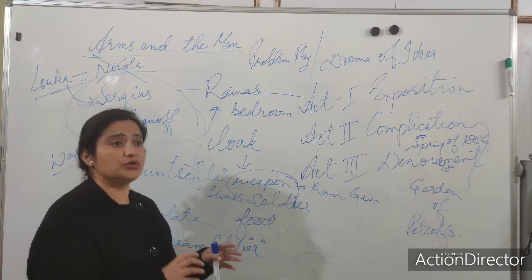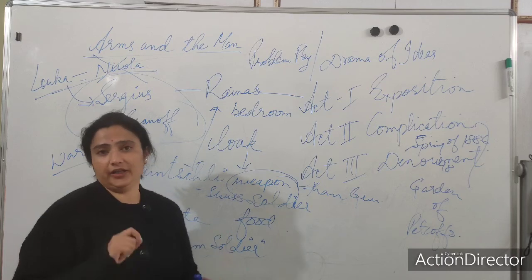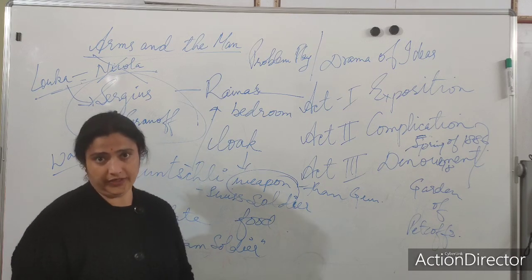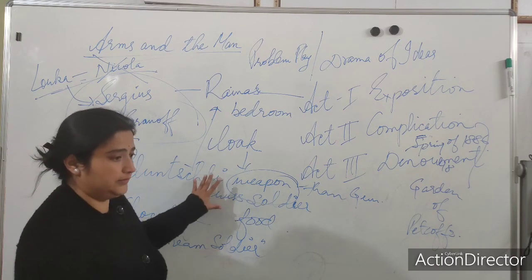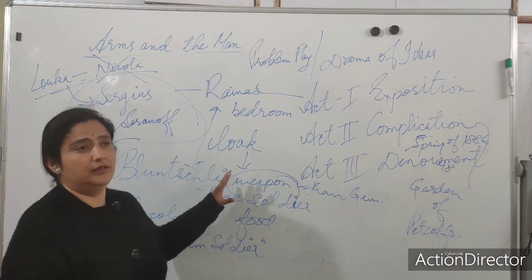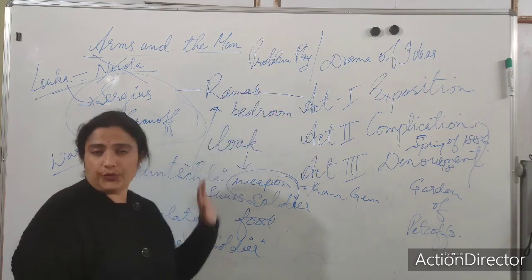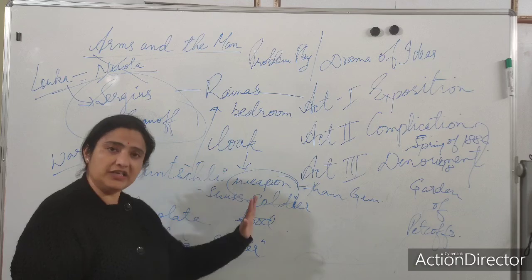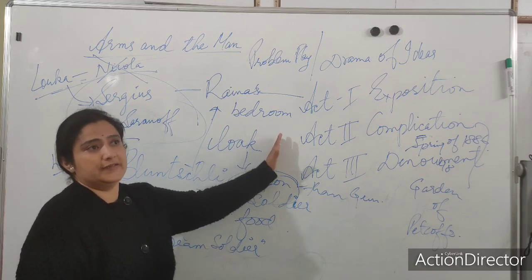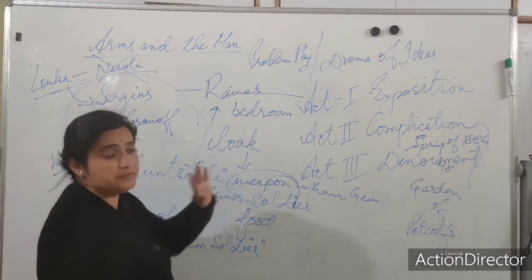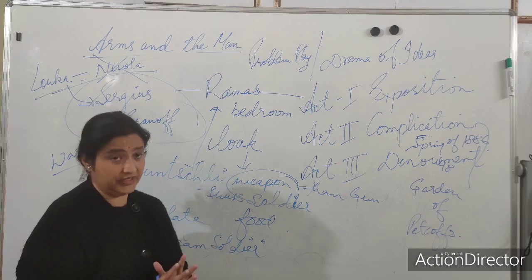And he has also condemned the romantic notion of love. Okay, so these are the basics, the key points of what the play Arms and the Man is all about, right?